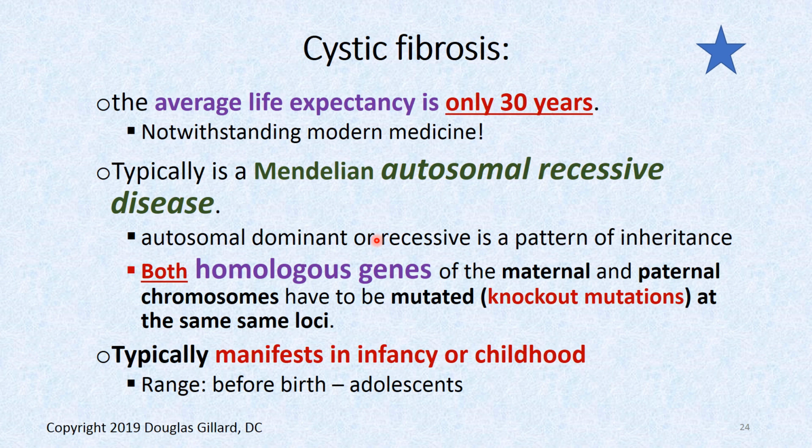We'll look at the gene in a minute. So it's an autosomal recessive disease. Both homologous genes, mom and dad's chromosomes, are mutated by knockout mutations. And the symptoms usually show up early.